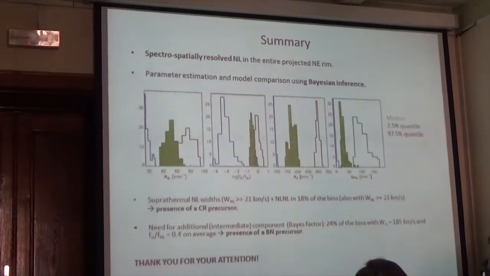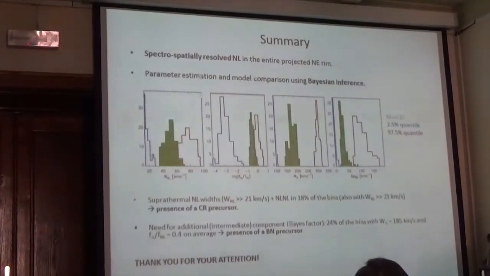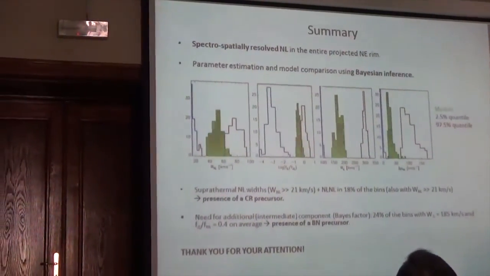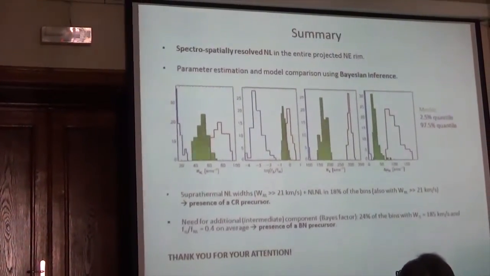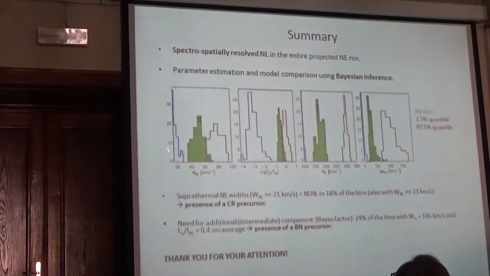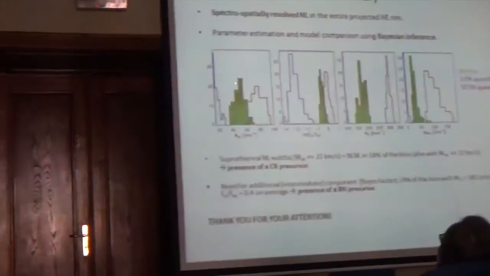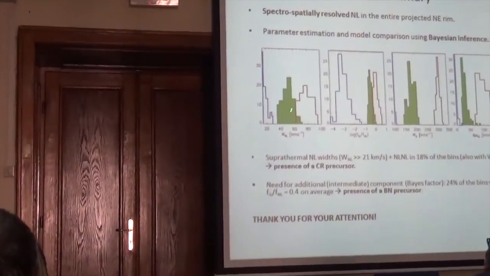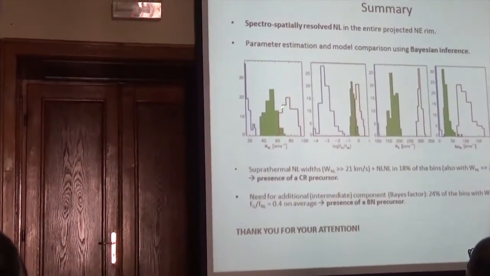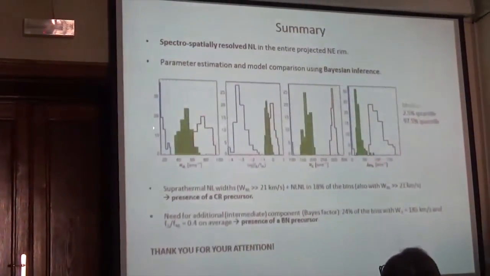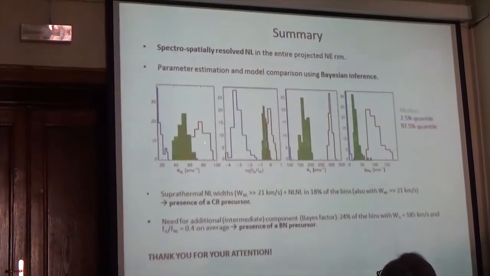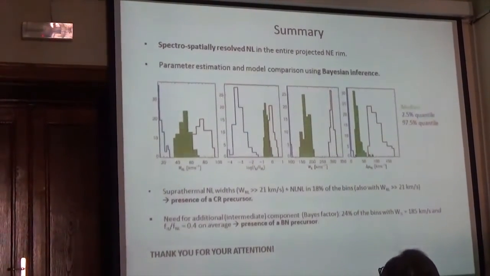summary of our results. We find that narrow line width is all over the rim, much larger than 35 kilometers per second, so between 35 and 70. So in these plots you can see the histogram of median values that we measure, and these are 95% confidence intervals in blue and red.